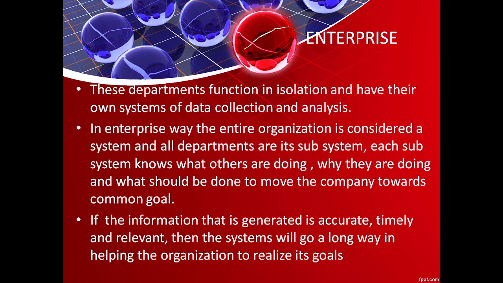Now, when these departments are classified into different specializations, they work in totality amongst themselves, so they are isolated from other departments because they have their own ways of processing the data. So in the enterprise way, why do we call it the enterprise way?